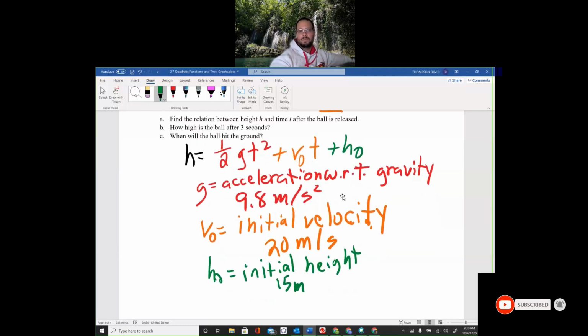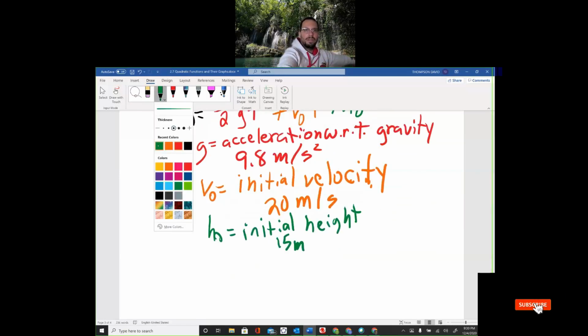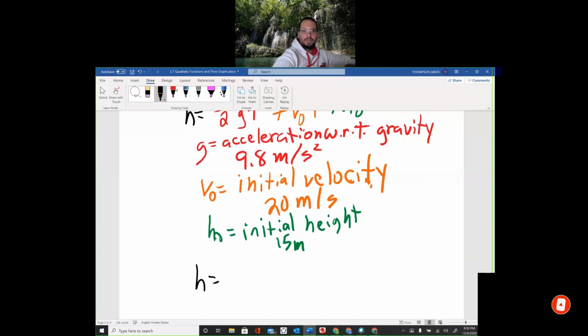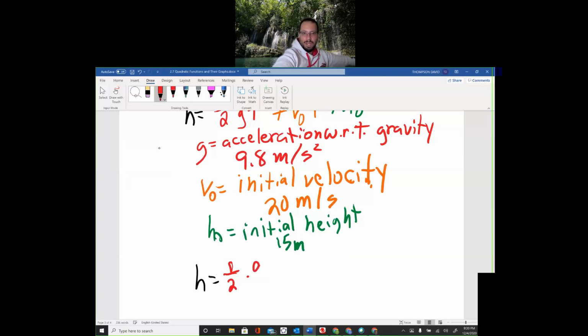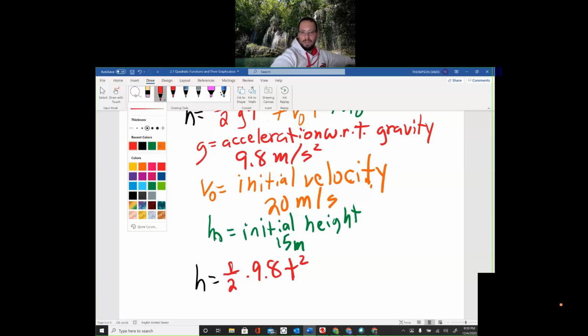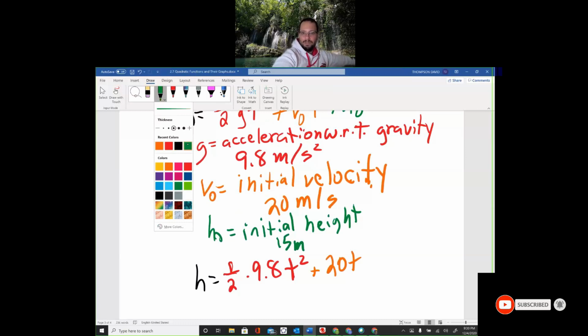So our equation is going to be h equals 1/2 times 9.8 t squared plus 20t plus 15. And there's actually a negative in this equation.